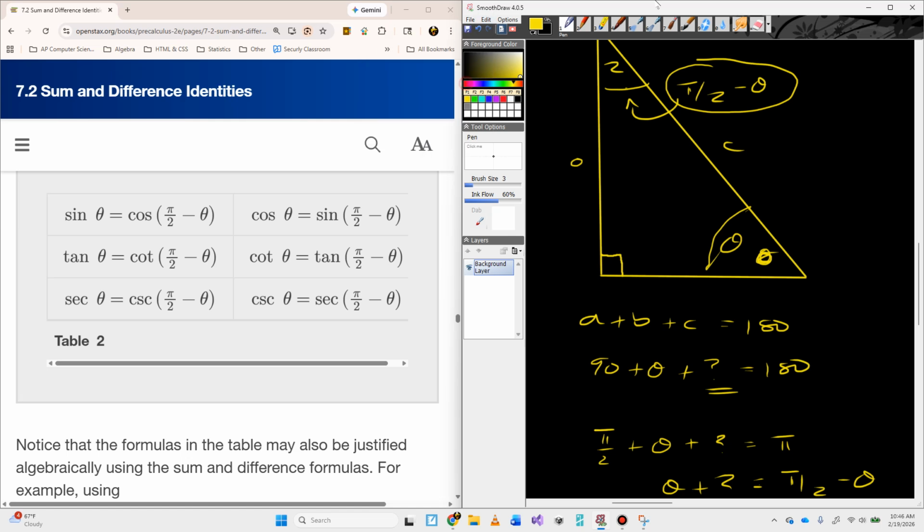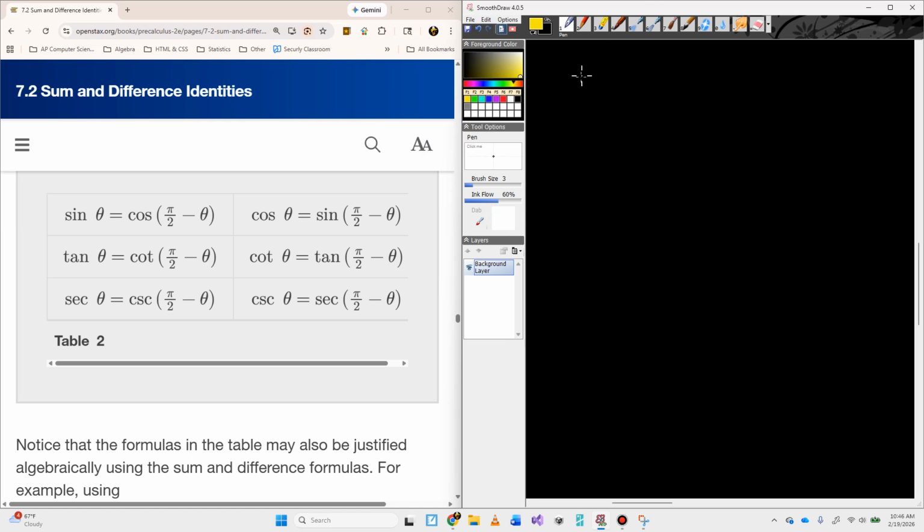So let's go ahead and clear that. So if I were to say that I wanted to find tan pi over 9 using its cofunction, which is cotangent, well, then I would take the formula for tangent for its cofunction, cotangent, pi over 2 minus the theta. Well, what is my angle? What is my theta? My angle was pi over 9. So that's going to be inserted into my theta value.